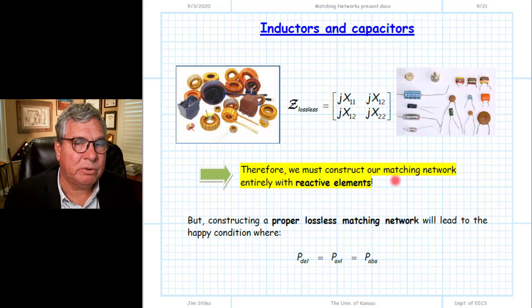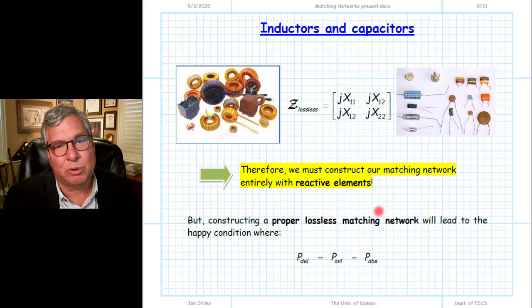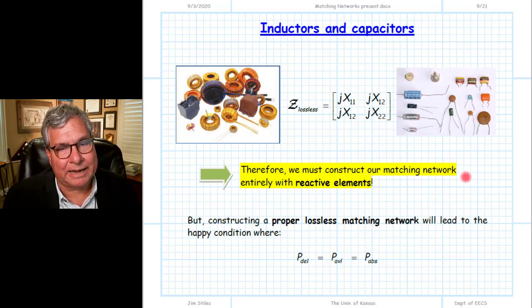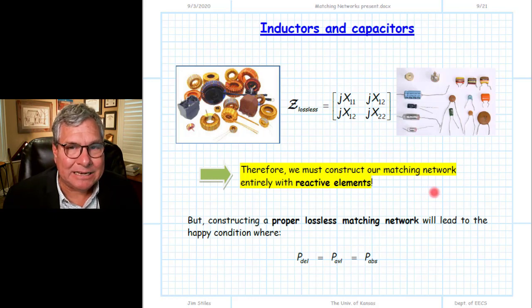And so if we build a lossless two-port network out of reactive elements, then we know the power delivered from the source will be equal to the power absorbed by the load. Again, power delivered by the source will be equal to the power absorbed by the load if we have a lossless two-port network. However, in addition to being lossless, if that network is designed to be a matching network, that power delivered from the source will also be equal to its available power.